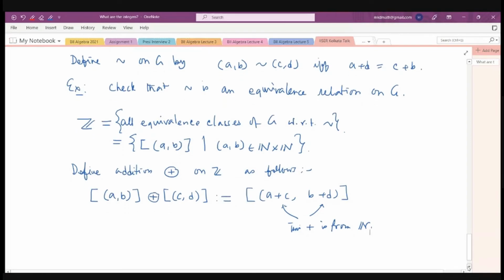Now you know that whenever we define something on representatives of equivalence classes, we have to check that it is well defined. I will not do the checking, but I will put this as an exercise.